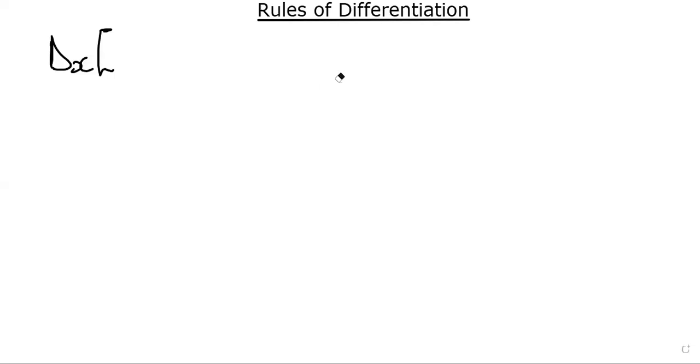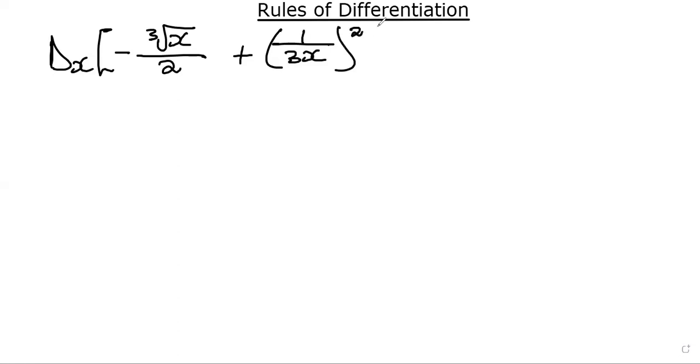So in this case, we need to determine the derivative of the cube root of x divided by 2, plus 1 over 3x, and this is squared. So even in this case, we are still dealing with a similar problem.